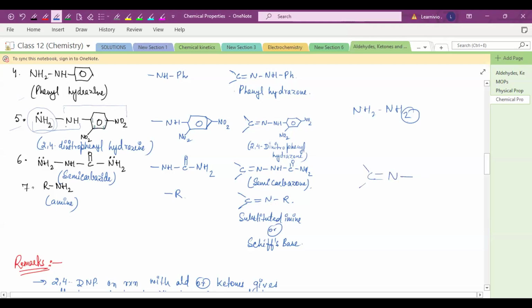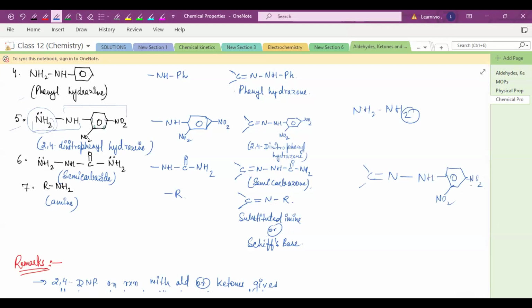What is Z in this? NH and this whole thing. So you will write NH and this phenyl ring, and on the second and fourth positions, you will attach the nitro group. So you will get 2,4-dinitrophenyl hydrazone. When you treat a carbonyl compound, it will give you a 2,4-dinitrophenyl hydrazone.